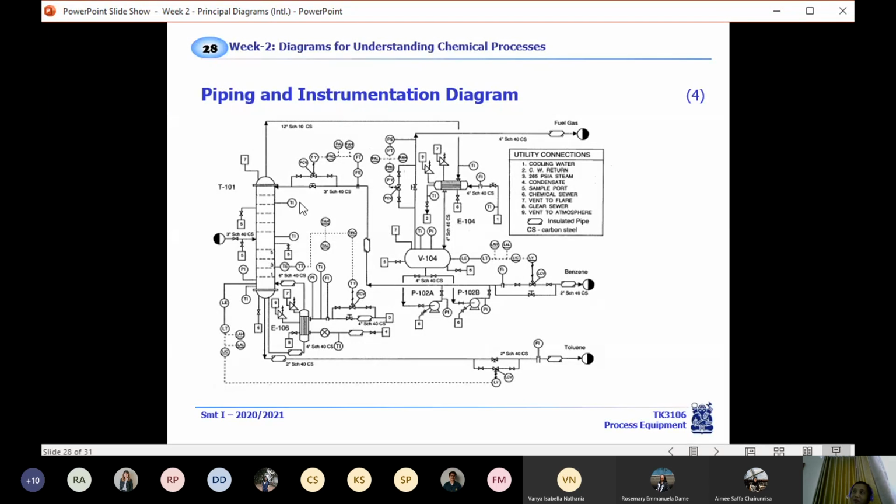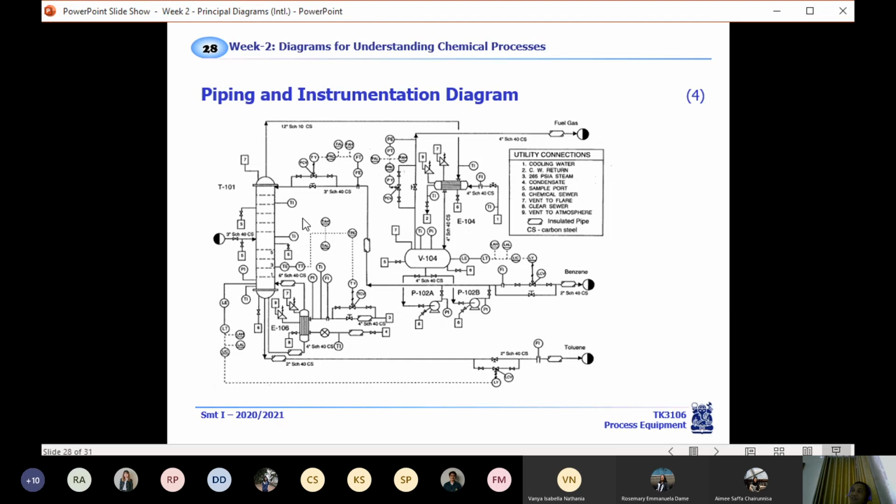Because why? Because we provide many information related with the piping and mechanical. So what kind of information that we provide? Look at this figure. In this piping instrument diagram, the things that we have to provide is the control system, how to control this unit.